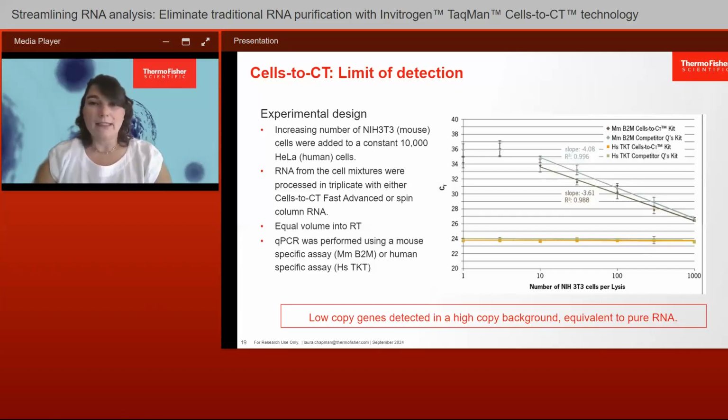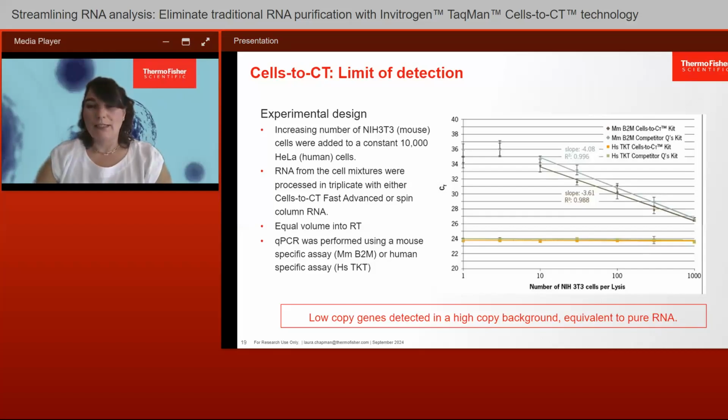So we had 10,000 HeLa cells and spiked in 1,000 all the way down to one NIH3T3 cell, and then tested for a mouse-specific B2M gene, or we looked at the human-specific TKT gene, for both purified RNA using a spin column kit and using the cells-to-Ct technology.